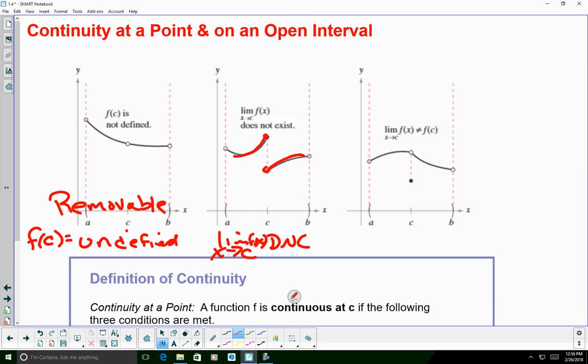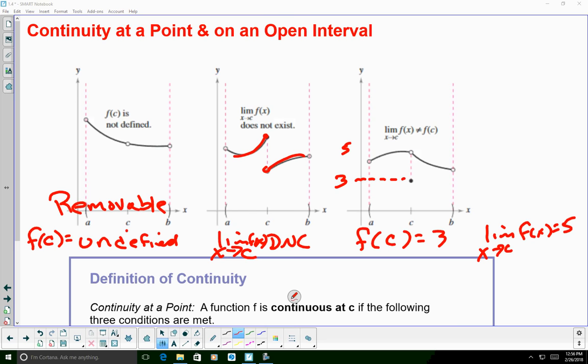The third thing that can happen is f of C is defined. f of C would equal whatever this number is. Let's say that's 3, and up here, let's say this is 5. f of C would equal 3, so f of C is defined. The limit as x approaches C of f of x is going to be 5.